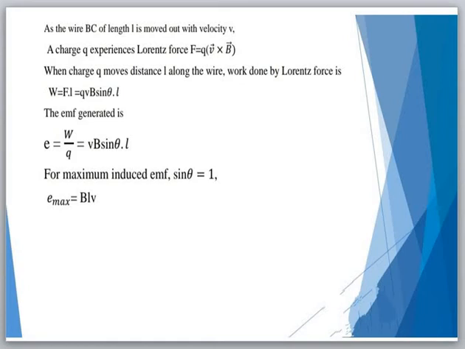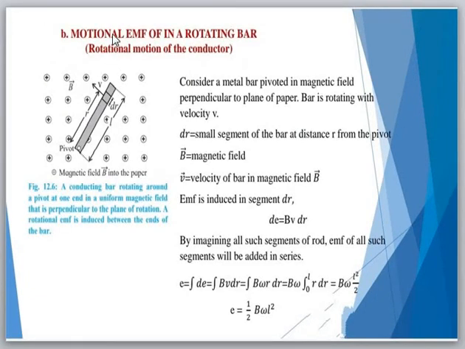Whenever there is a changing magnetic flux, the flux rule holds good so long as the change in magnetic flux is due to changes in the magnetic field or due to the motion of the circuit or both. Now the motional EMF in a rotating bar.